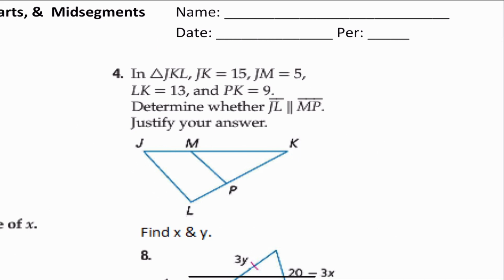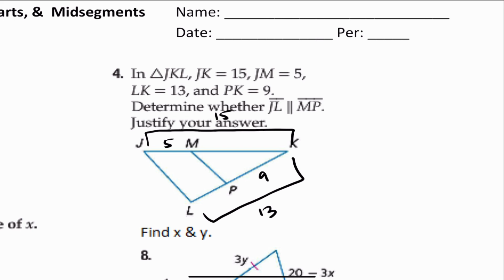In triangle JKL, JK is 14, JM is 5, LK is 13, and PK is 9. Okay, so let's go ahead and label that. So JK is 15, and then JM is 5, LK is 13, and PK is 9.